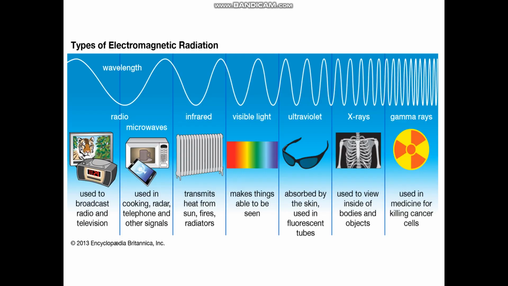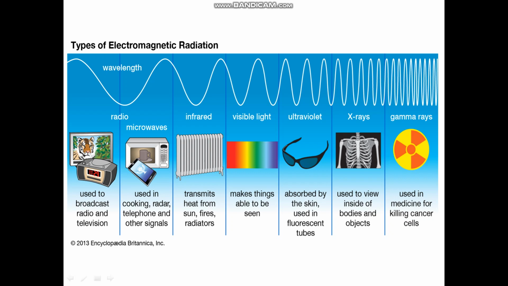And if we look at the uses, radio waves are used to broadcast radio and television. Microwaves are used in cooking, like the microwave that you use to heat your food, as well as radar, telephone, and other signals. Infrared is used to transmit heat from the sun, from fires, or from the radiators of your cars.